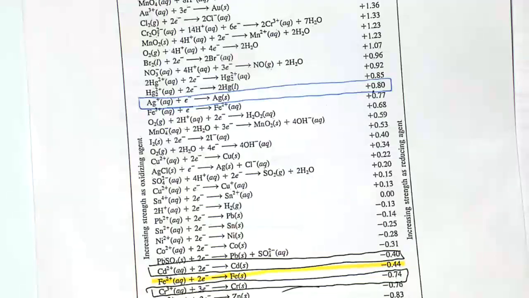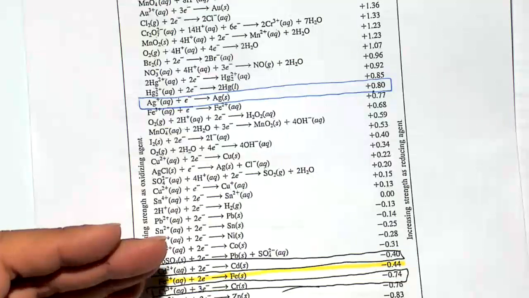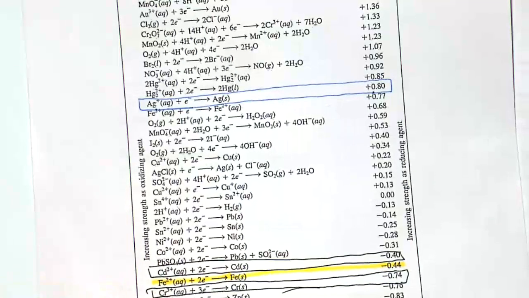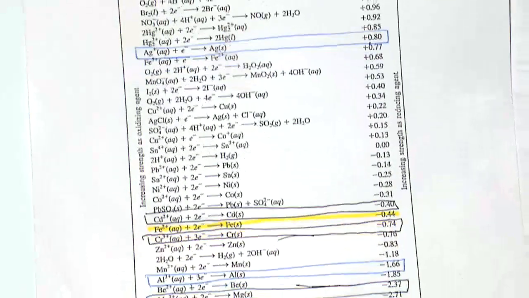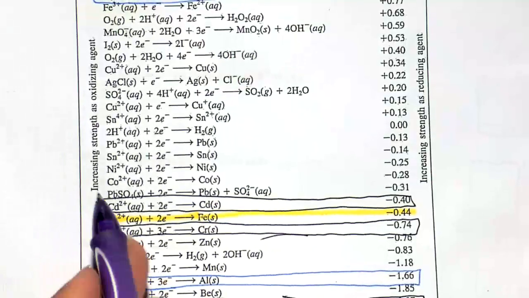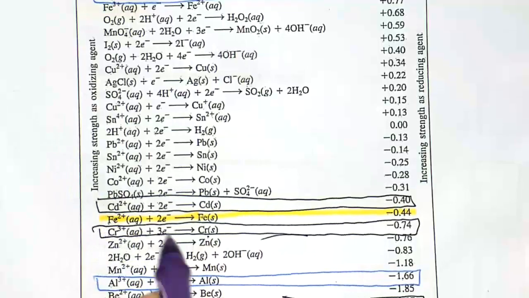Let's go over this one more time. What are the two ways you can get a positive voltage? You pick any one of these half reactions, and these are all reduction half reactions. You pick any one. Anything below it can get flipped. In other words, iron plus 2 can oxidize chromium to Cr plus 3.